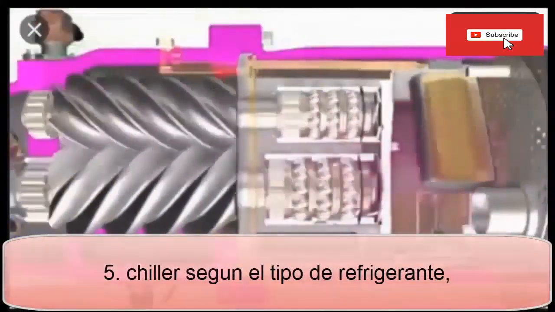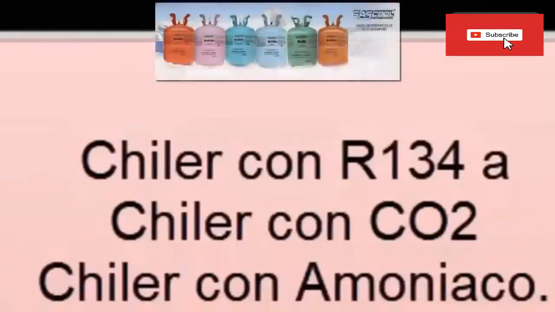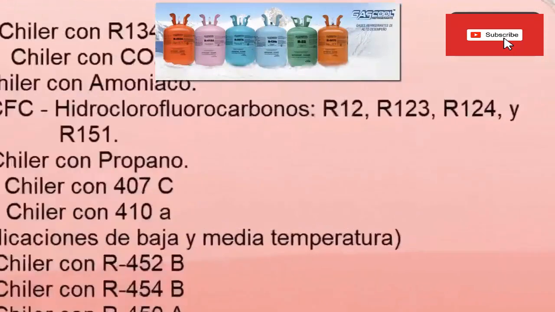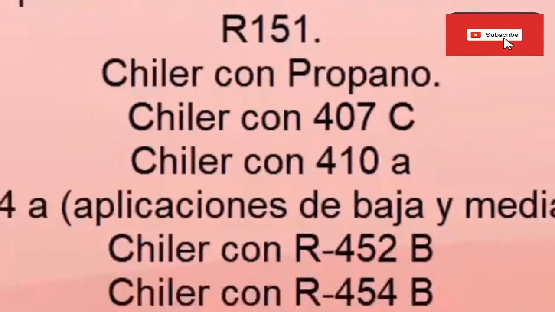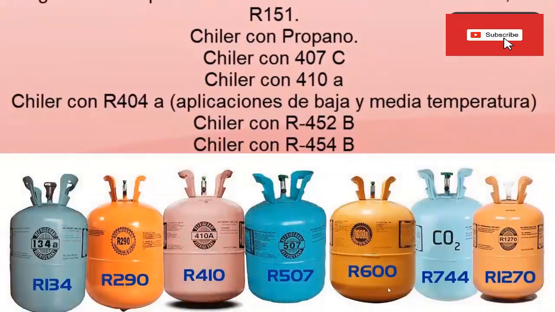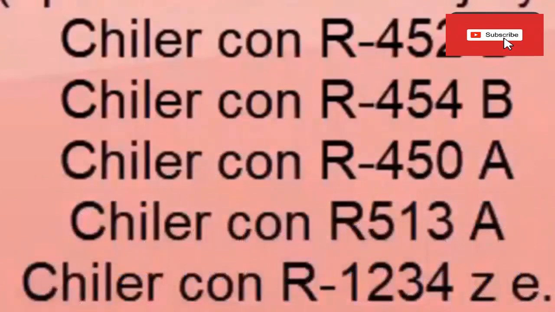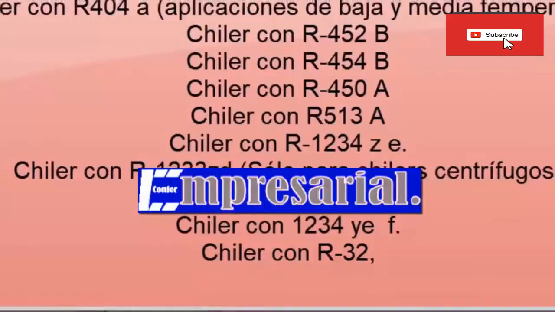Now we come to the fifth classification, which refers to the type of refrigerant used by the chiller. The refrigerants used in the chiller are: chiller with R134a, chiller with CO2, chiller with ammonia, chiller with refrigerant of the HCFC type, hydrochlorofluorocarbons, R12, R123, R124, and R151, chiller with propane, chiller with 407C, chiller with 410A, chiller with R404, chiller with R452B, chiller with R454B, chiller with R450, chiller with R513, chiller with R1234ze, chiller with R1233zd, only for centrifugal chillers.